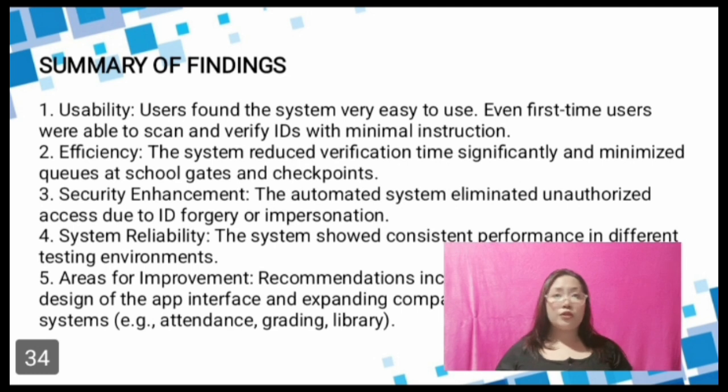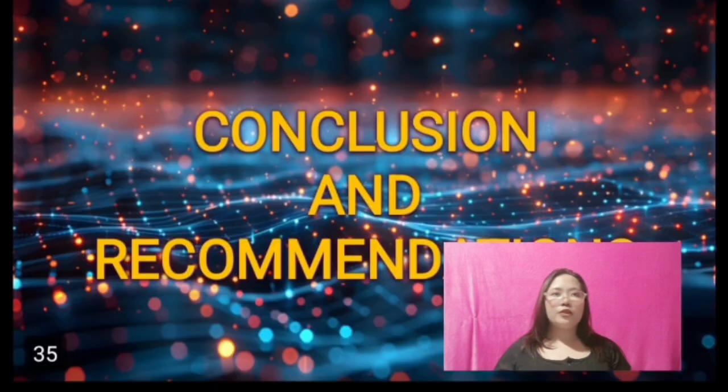Number 4, system reliability. The system showed consistent performance in different testing environments. Number 5, areas for improvement. Recommendations include enhancing the visual design of the app interface and expanding compatibility with other school systems.